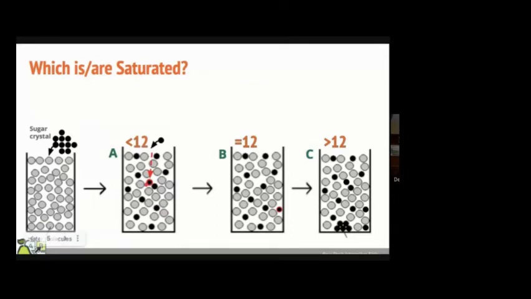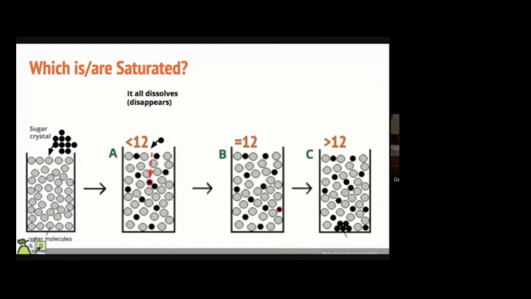So now we're up to 11. And as long as we're underneath that 12 mark for this particular solution and solvent and solute, 12 is the maximum number of particles that we're going to be able to dissolve in it. So this 11th particle dissolves.